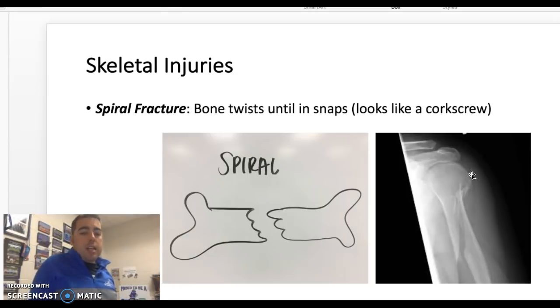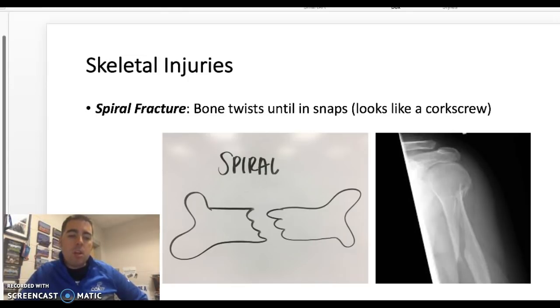And so when he's running, he's going to stop and plant his foot, and his lower half is going to twist to change direction, but his upper half keeps going straight, and that causes kind of a twisting motion on it. And if your bone gets to the point where it can't take that pressure, it'll kind of snap into two pieces and create a spiral fracture like a corkscrew. Okay, these are, from what I understand, pretty hard to set back, and they can be fairly painful.